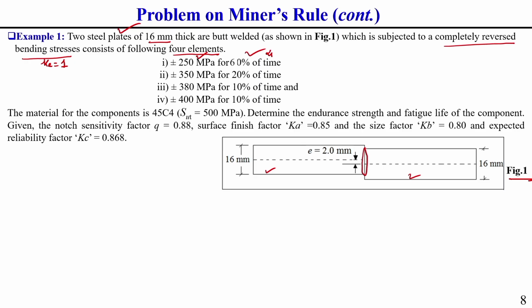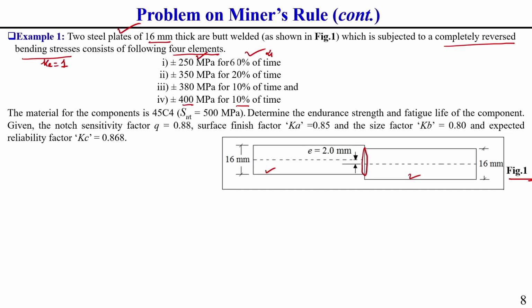Here, instead of number of cycles, it is given as a proportion of total time. Then plus minus 350 megapascal for 20% of the time, another stress level of 380 megapascal for 10% of the time, then 400 megapascal for another 10% of the time, totaling 100% of its life.